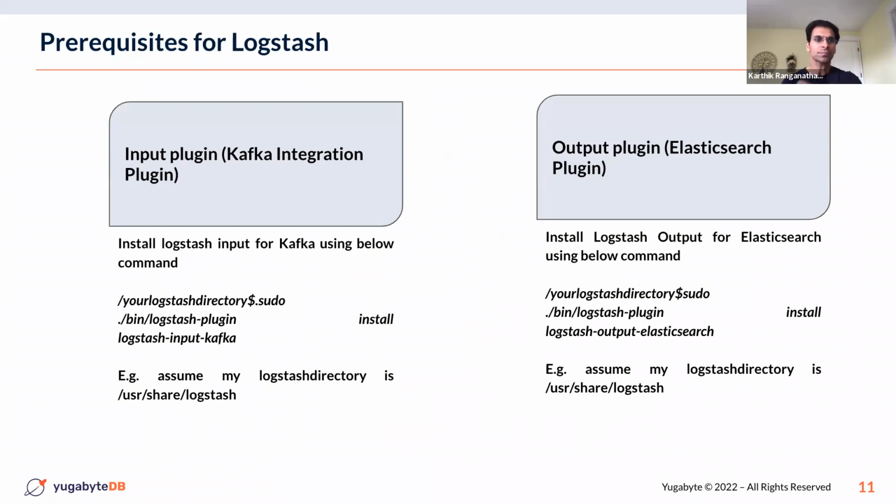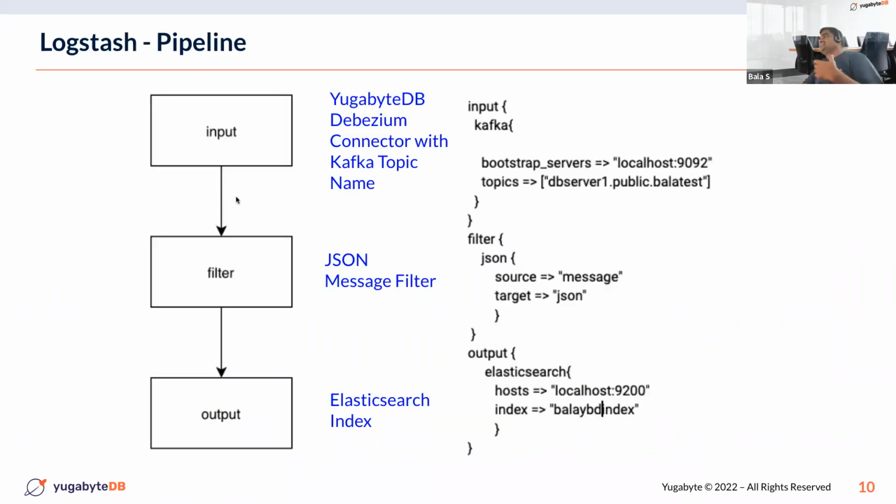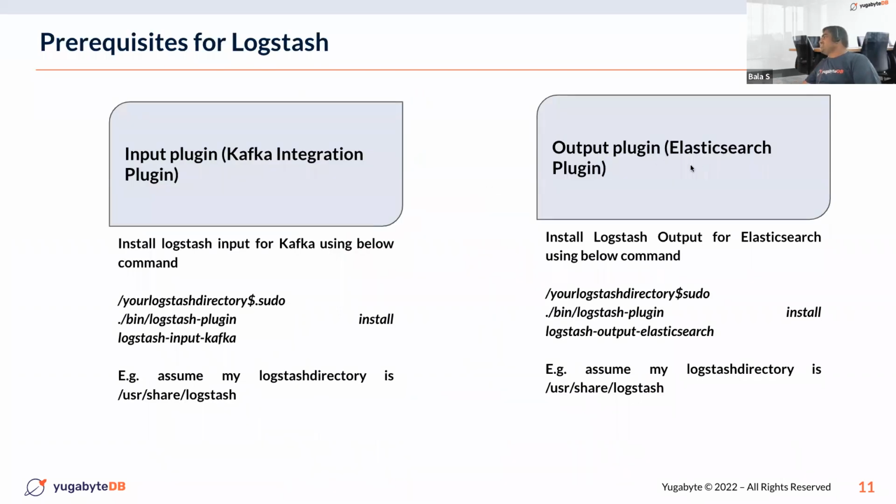Yeah, thank you. So in terms of enabling this Elasticsearch sync, what are the things required at your end? You need to plug in, because YugabyteDB is using the Kafka integration through the Debezium connector, where you need the input as Kafka, what we explained here. The output is where you need Elasticsearch to store the data through the index.